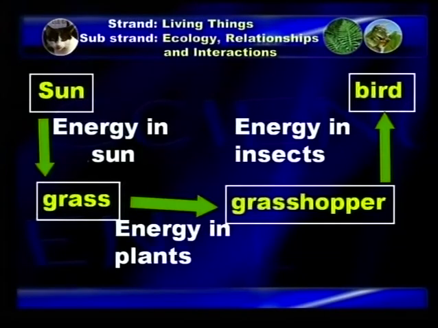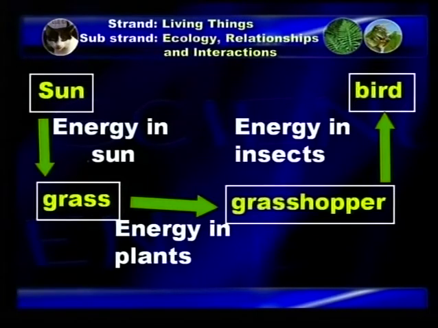The first one, we have the sun. We all know that energy is passed from the sun to the plants. Do you think plants use the energy of the sun to make food? Yes or no? Yes. Of course, plants do need energy from the sun to make their own food.